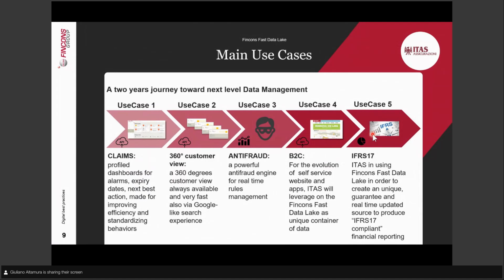The value of this is that in real time, this portal is fed with real-time information. So if they have an alert, for example, on a client, they can manage that particular problem. They get back into the dashboard and they find the data updated, even if they are updated on the backend systems. The second use case is probably the most used, the killer use case, I would say, for this kind of solution that I saw used in many insurance companies and also banks, and it is the 360 degrees customer view.